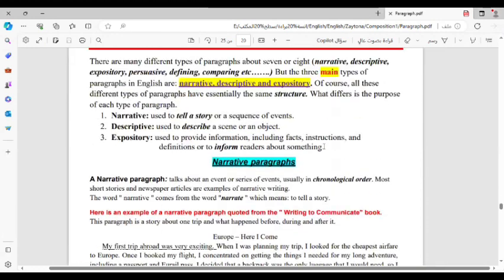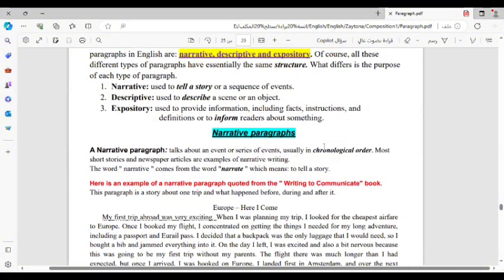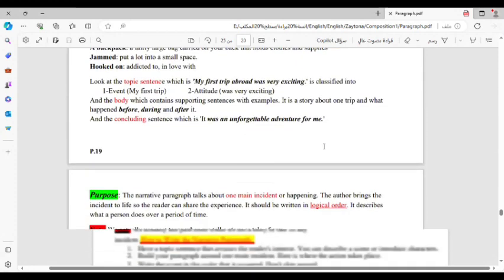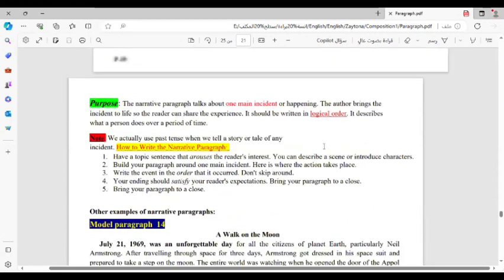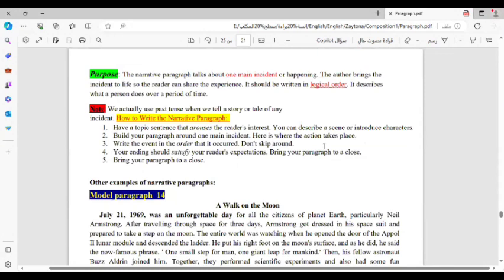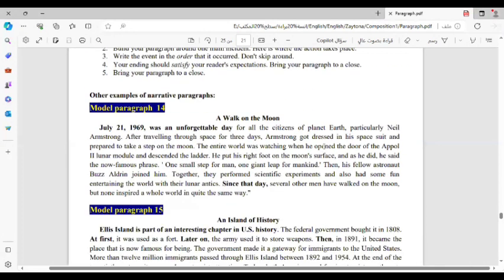So today we will discuss descriptive and expository. Both are easy, not difficult. We will finish them today, and if we have enough time, we will have examples on them. Before starting today, you see here many samples of paragraphs.